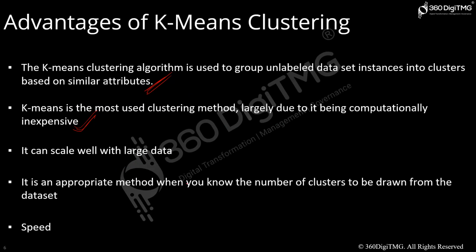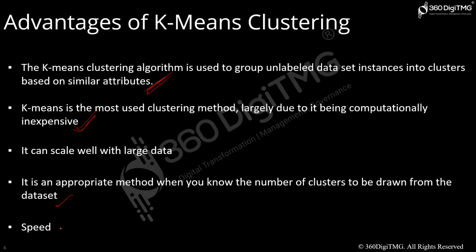It is an appropriate method when you know the number of clusters to be drawn from the data set. If you don't know how many clusters to draw from the data set, then you might face some errors. But if you know exactly how many clusters you have to draw, this would be a very good method to follow.